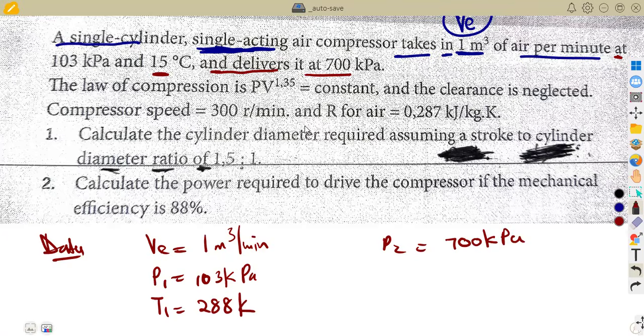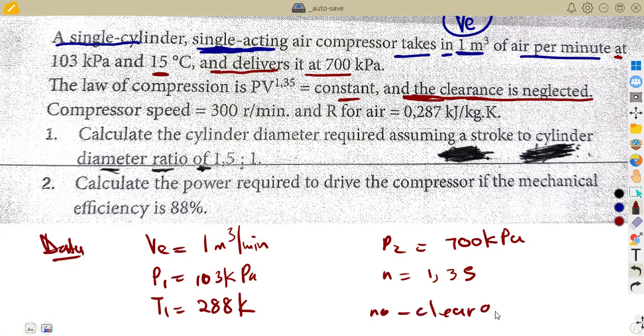The law of compression is PV to the exponent n. So this one, we're taking it to be polytropic, where n is given as 1.35. And the clearance is neglected, meaning to say there is no clearance at all.